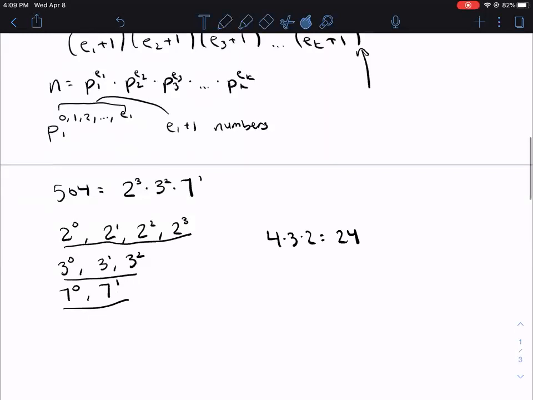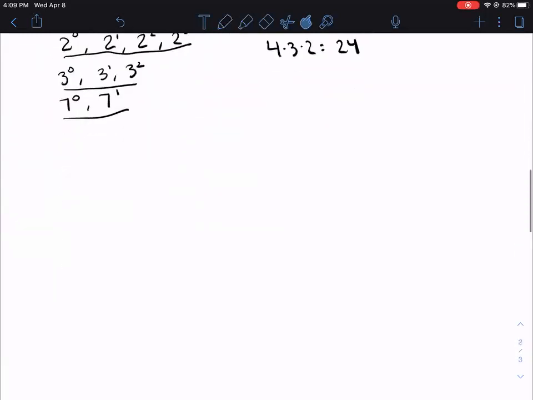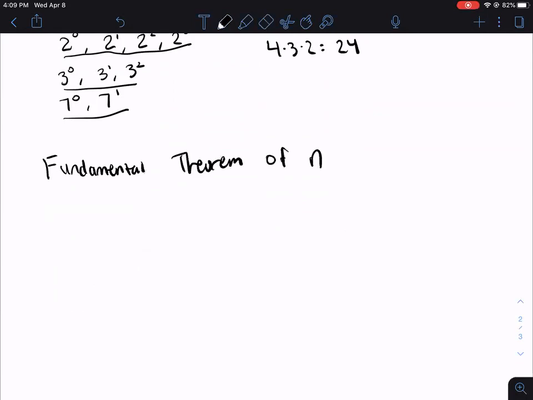So there's something that we're using that we're not actually mentioning or proving, but it's really useful. And it seems easy, but it really isn't. It's called the fundamental theorem of arithmetic. And this basically says each positive integer has a distinct prime factorization. So let me write it down.